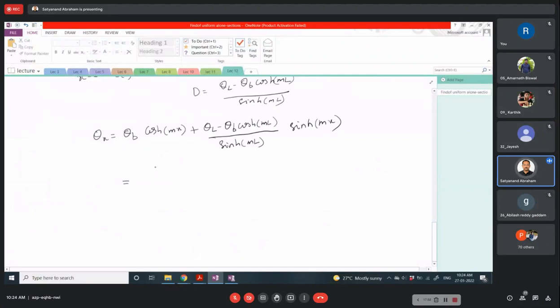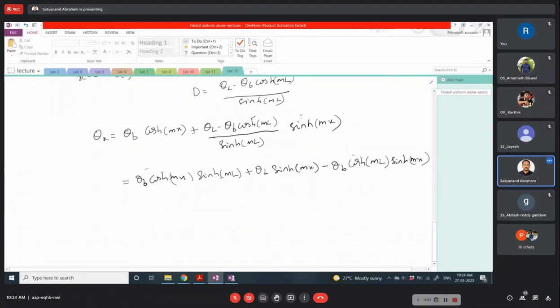If you do that, you get theta b cosh mx sinh mL, and theta L is multiplied over here, theta L into sinh mx, minus now this term and this term, theta b into cosh mL sinh mx. You can see that the first term and the last term we can combine.